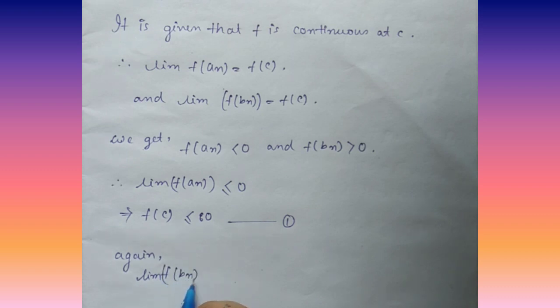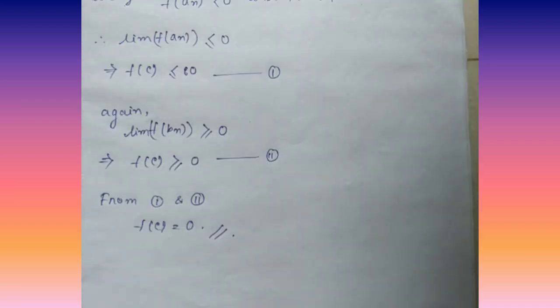When we evaluate it, we get that f of c less than or equal to 0 and f of c greater than or equal to 0. It is possible when f of c equals 0, hence the result follows.